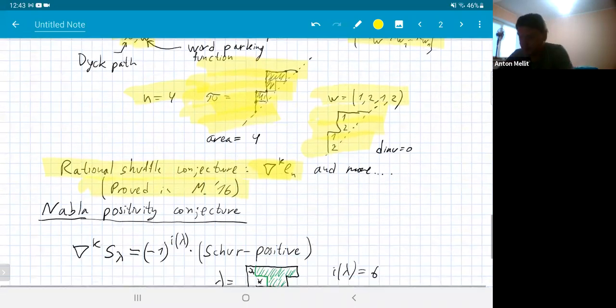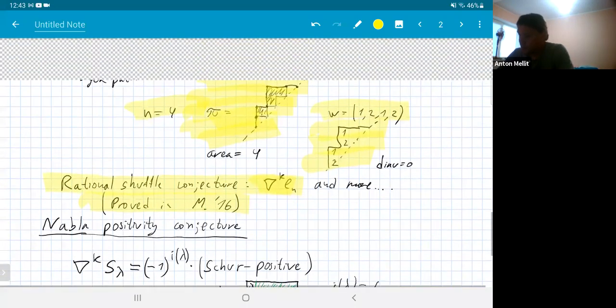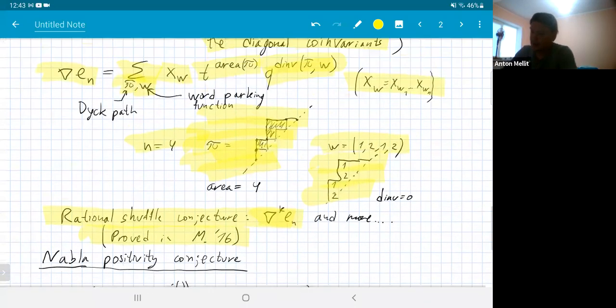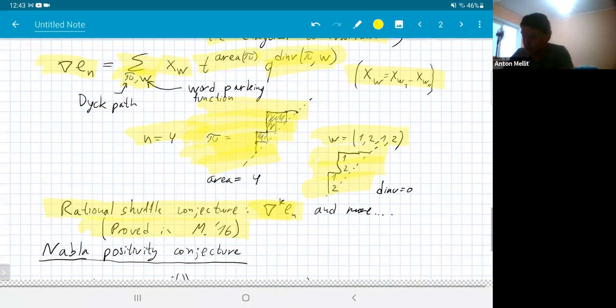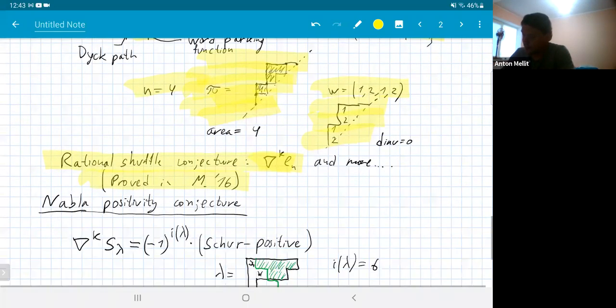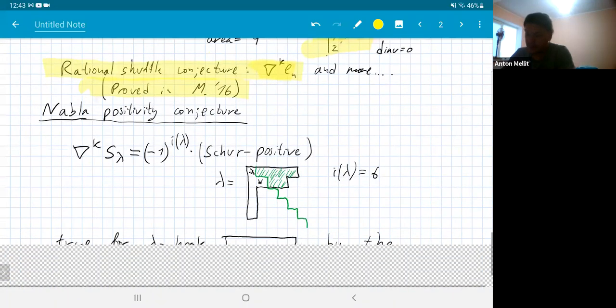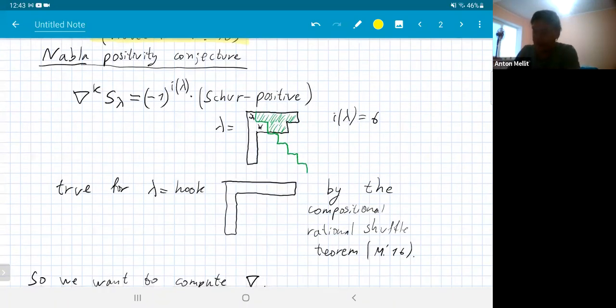So this kind of identities I am interested in. Now one thing that is a very big motivator is the Nabla positivity conjecture. And as I mentioned, if you apply Nabla to H2 or to E2, you get positive or negative expressions.